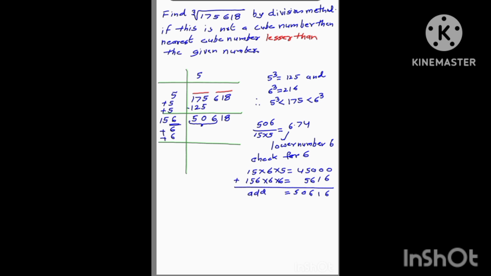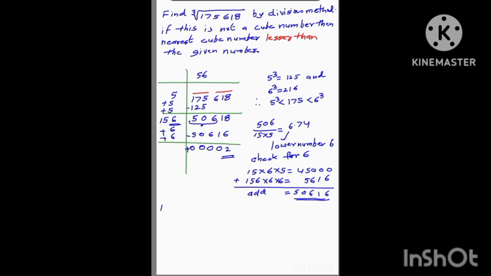So this number we have to subtract, as this is lesser than the number 50618. See, I am doing it. Okay, 50618 minus 50616. So you are getting 2, or rather plus 2 as a remainder. Okay, now your job is over.